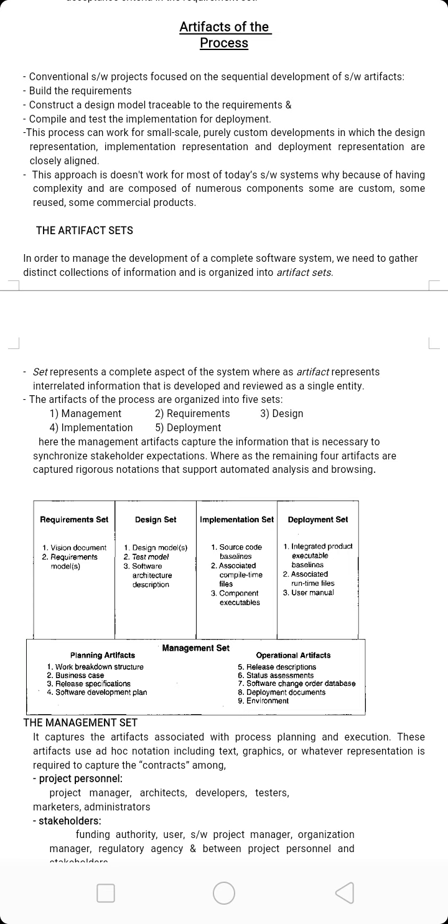In that, organized text and models of the problem space are taken. Next one, design. In that, models of the solution space are taken. Fourth one, implementation. In this, human readable programming language and associated source files are taken. And lastly, deployment. In that, machine processable languages and associated files are taken.